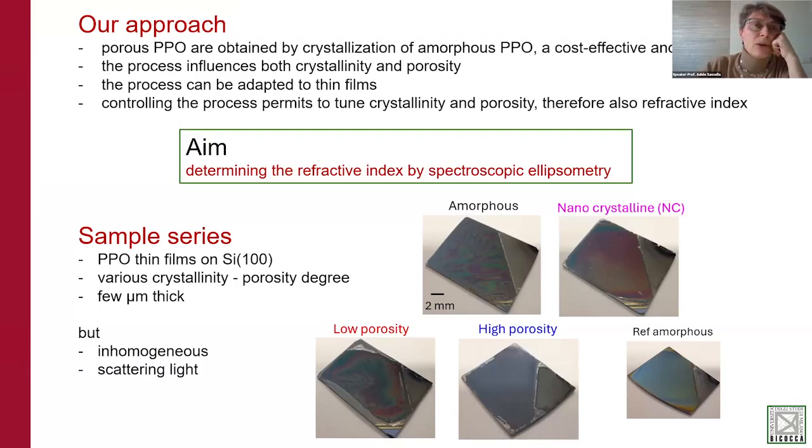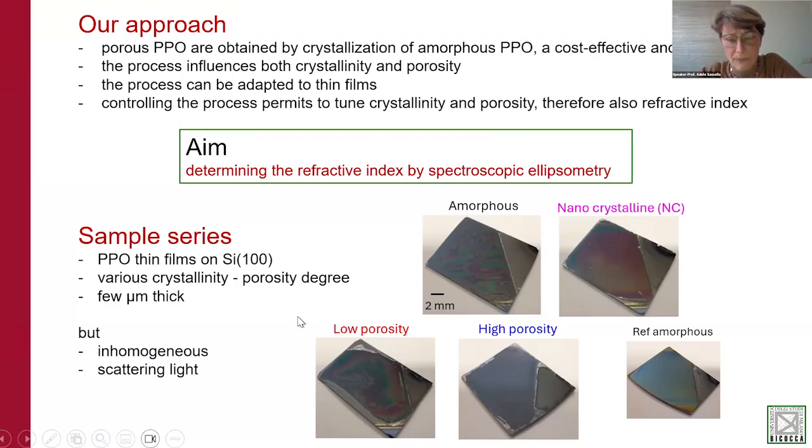The process can be controlled, and this is something we could demonstrate, to tune the crystallinity, which was known in the bulk, to tune then the porosity, and therefore also the refractive index. So the aim of this specific work, my work, was determining the refractive index by spectroscopic ellipsometry.